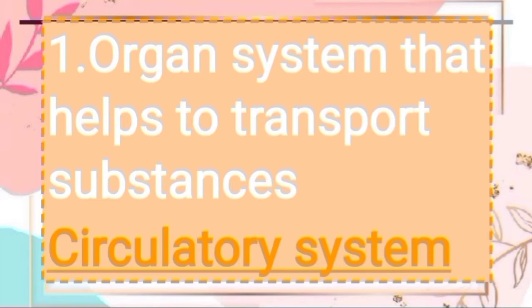As you know, the circulatory system is an organ system that helps to transport substances inside our body, and this system consists of heart, blood and blood vessels. So the answer is circulatory system.